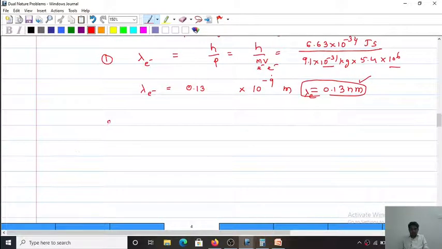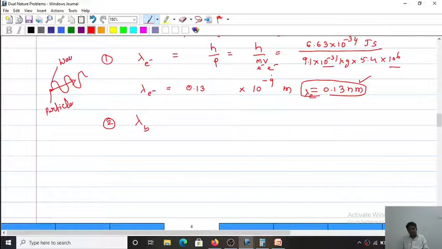Now in the next case we will find the de Broglie wavelength associated with the ball. When any particle is moving with a speed, a wave is associated with it, that is called de Broglie wave. We have calculated the wavelength, nothing but the distance between two crests.